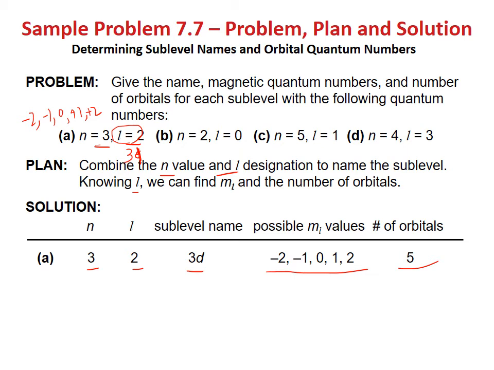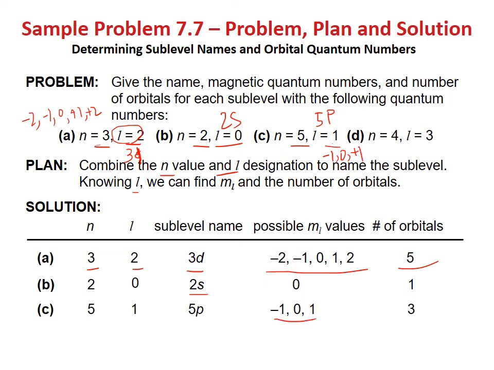Okay, next one, L equals 0, that's an s orbital, n equals 2, so 2s orbital, and the possible value for m is only 0, so you only have 1 orbital. Next one, L equals 1, so that's a p orbital, and n is 5, so 5p orbital, and the possible values for m are -1, 0, +1, so you have 3 possible values, and the number of orbitals is 3.